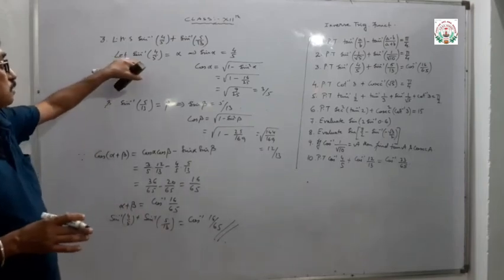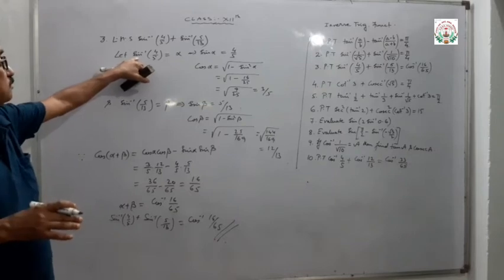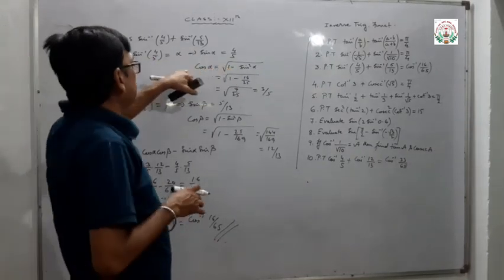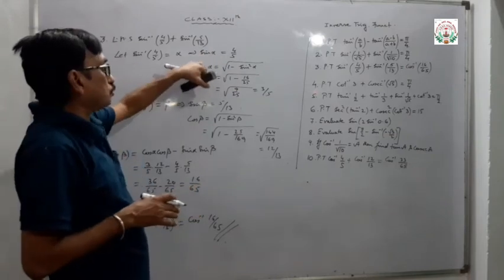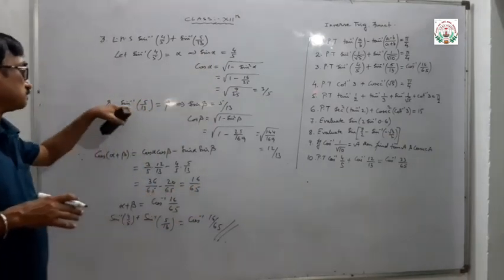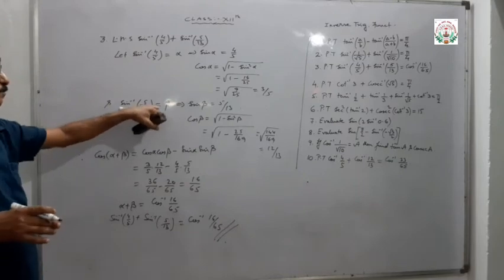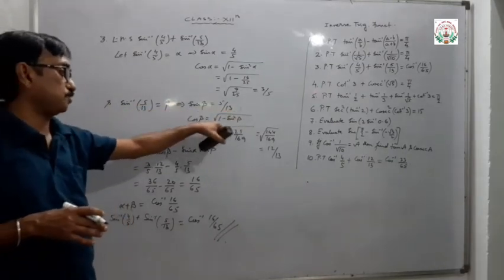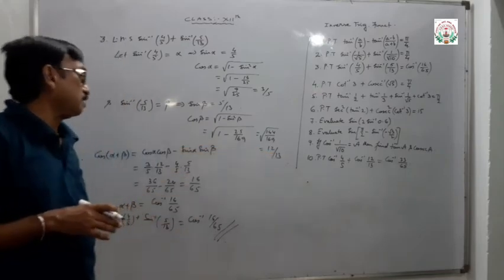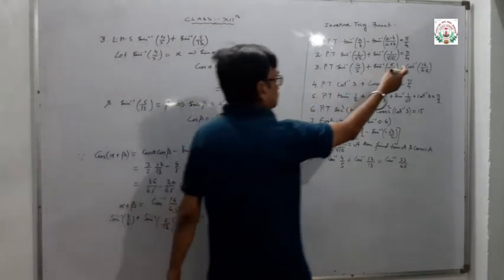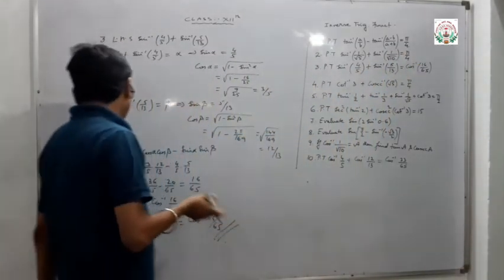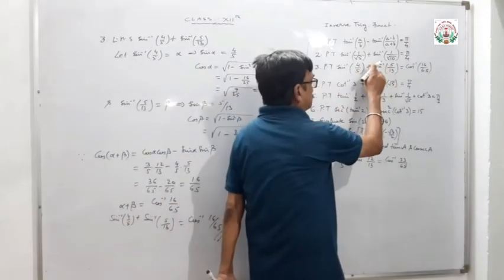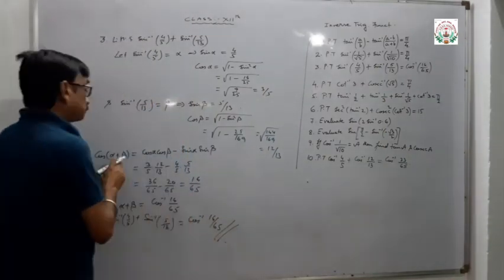So once again, we will see this method. Sine inverse of 4 by 5 is alpha, sine alpha is 4 by 5. We have to calculate the value for cos alpha, and then sine inverse of 5 by 13 we take as beta, sine beta is 5 by 13, and we have to calculate cos beta, that's 12 by 13. As the RHS is cos, we have taken cos, and here it is a plus, so we have taken cos alpha plus beta.